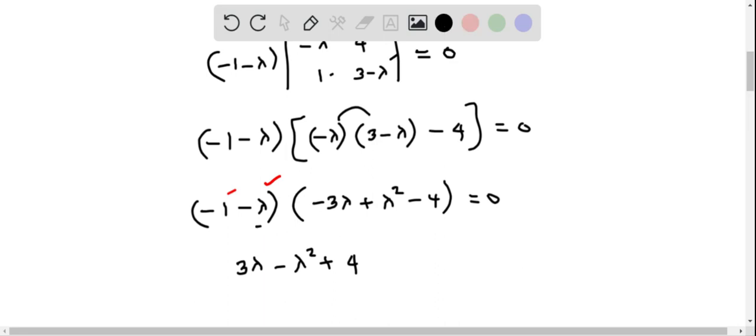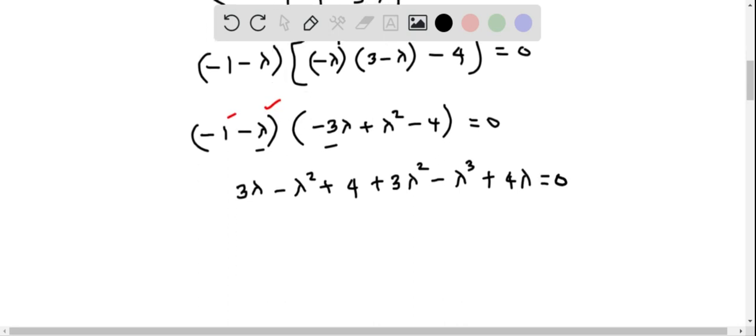So negative lambda times negative 3 lambda is positive 3 lambda squared. And then negative lambda times positive lambda squared is negative lambda cubed. Then negative lambda times negative 4 is plus 4 lambda. This equals 0.